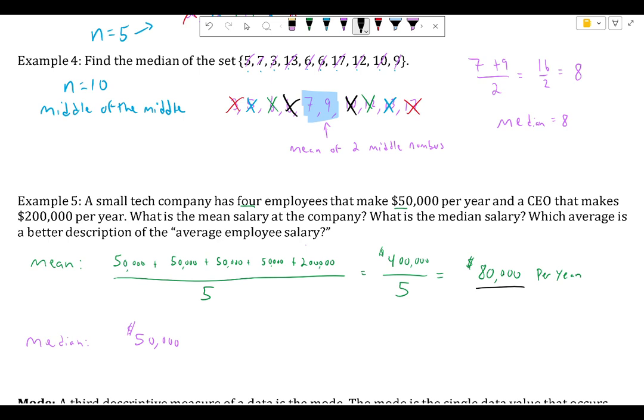So this $80,000 per year income is actually not a good descriptor or not a good representative for any of the employees. And I think that the median is the better representation for the employee salary.